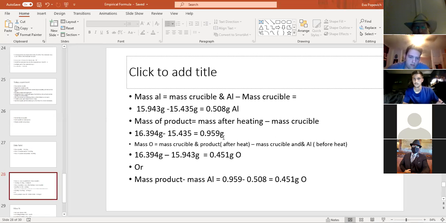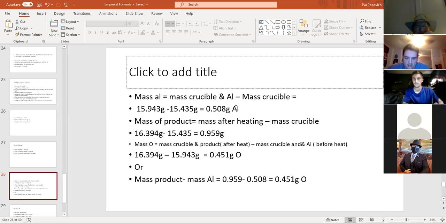Okay. You got that, Jeff? Yeah. All right, now I have the weight of my product, which is 0.959, and the weight of my aluminum. How do I get the weight of my oxygen? Mass of product minus the mass of aluminum. I like to give you these little hints.